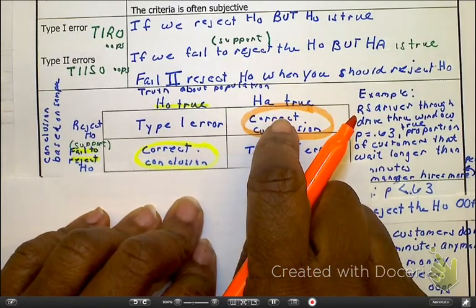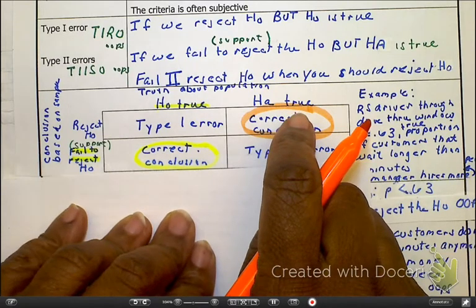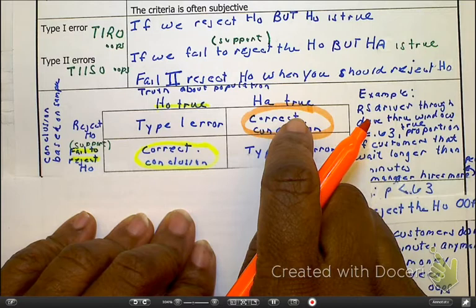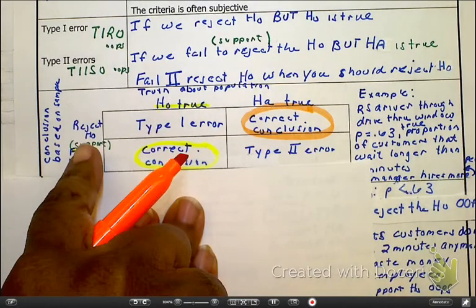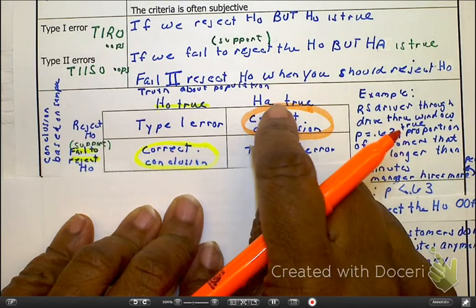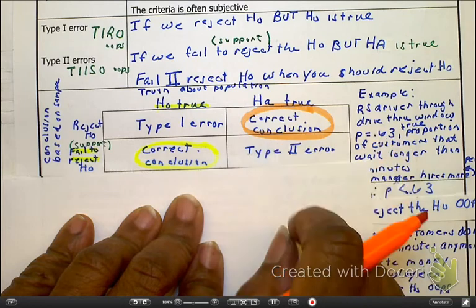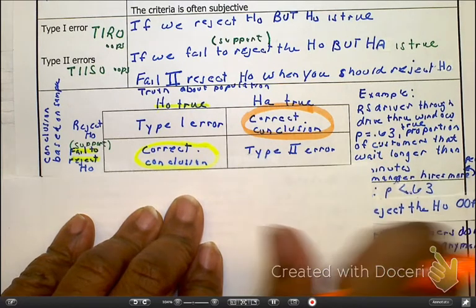This is when I believe that my alternative hypothesis, my HA, is true, which means I rejected the H0. Well, isn't that true? If I reject the H0, there's evidence to support the HA. Well, that's my true conclusion.